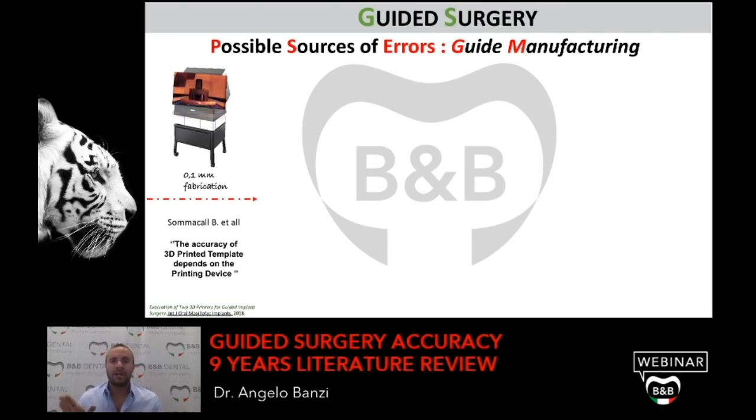So remember, the thinner the layer that the 3D printer is going to create, the higher will be the accuracy and precision of the surgical template.